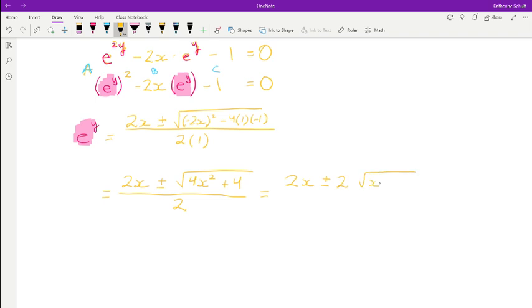We're left with x squared plus 1 after we factor out a 4, all over 2. And then look, we have a 2 in all 3 terms. That means we can factor out a 2 and cancel it. All right, so that's like canceling out a 2 in all terms. So we're going to be left with x plus or minus the square root of x squared plus 1.